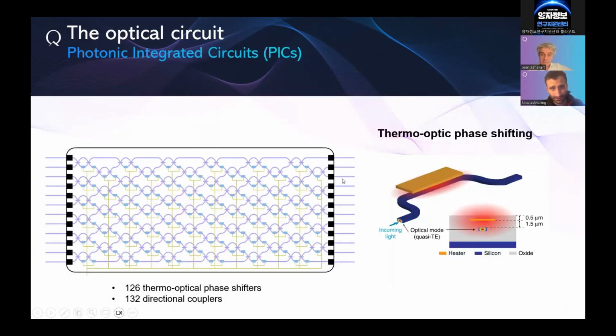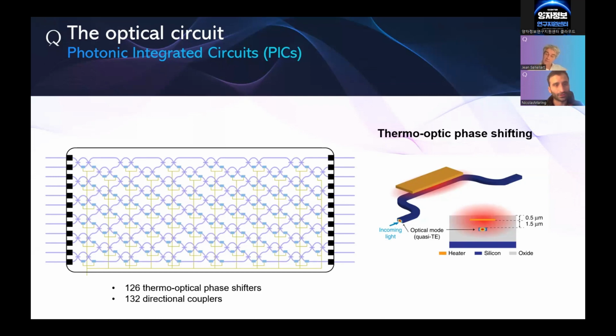A second element that we have on the interferometer is thermo-optic phase shifters. These are some types of phase shifting capability, and the idea is extremely simple. You put some resistor on top of the waveguide, you input some voltage, and this will slightly warm up the waveguide.